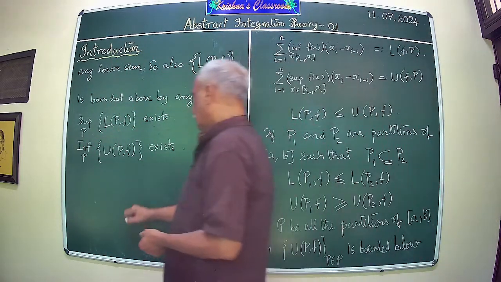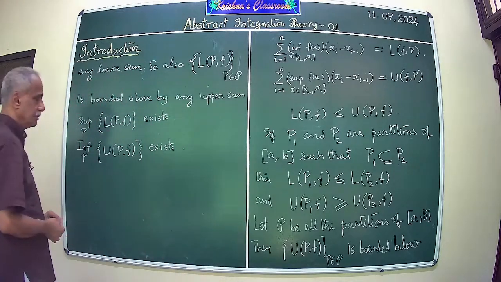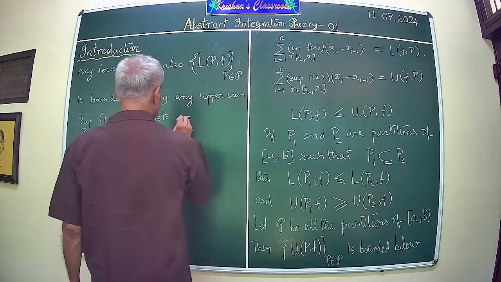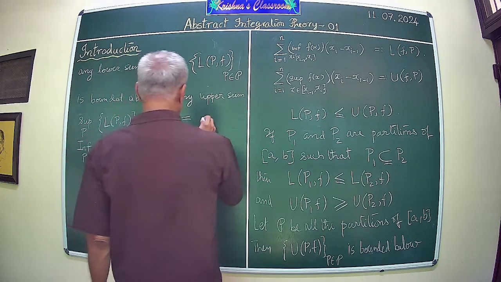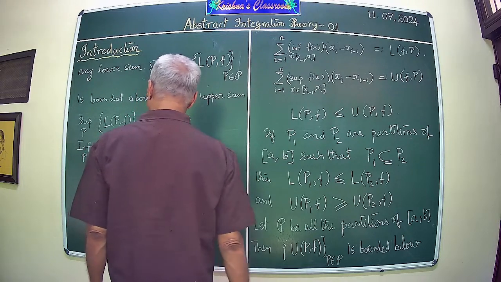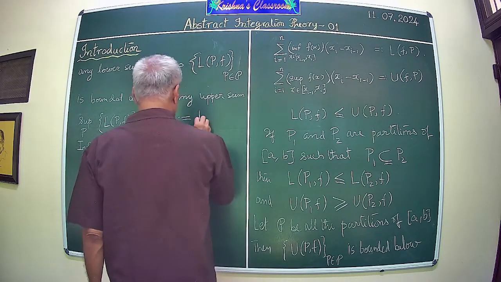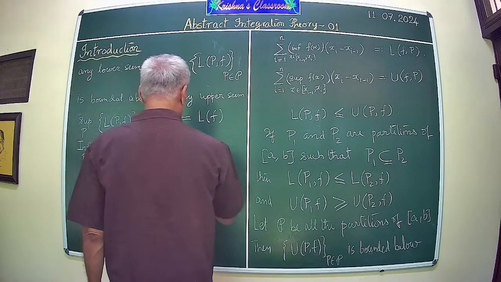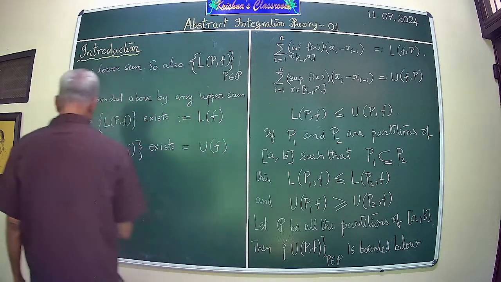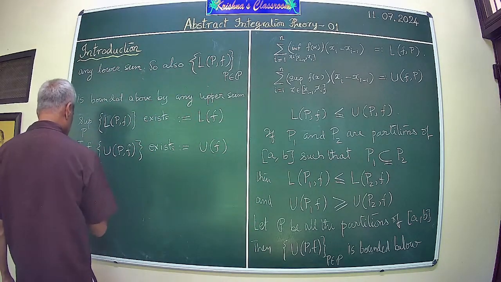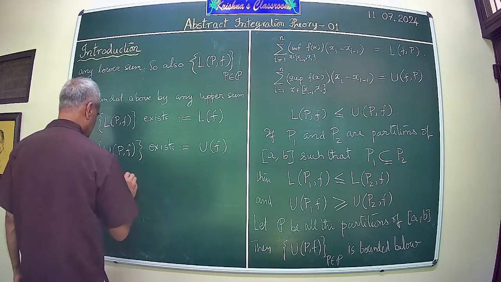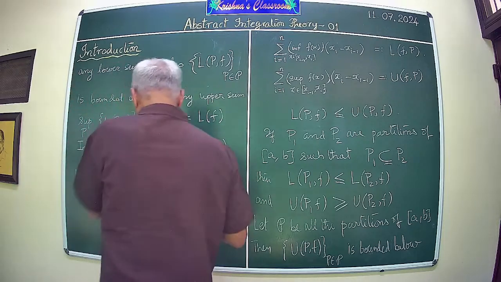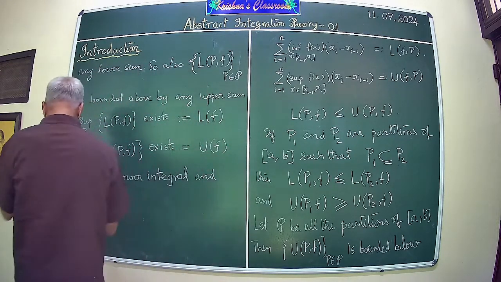Now you call this the upper integral, and this we designate as the lower integral. We designate these by LF and UF.